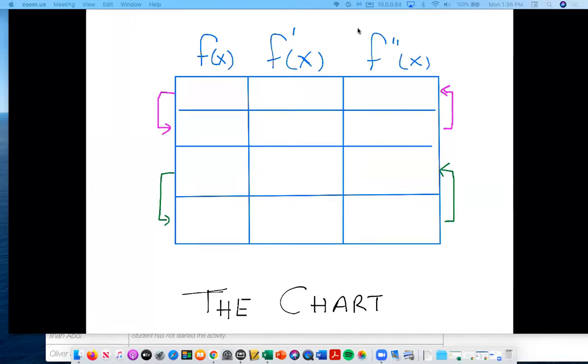They're generic, I could make them G, G prime, G double prime. The letter doesn't matter, the derivative part matters. And then those side arrows, we'll talk about what those are as well.